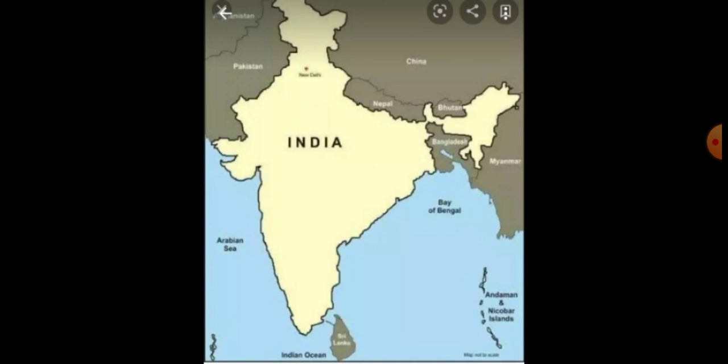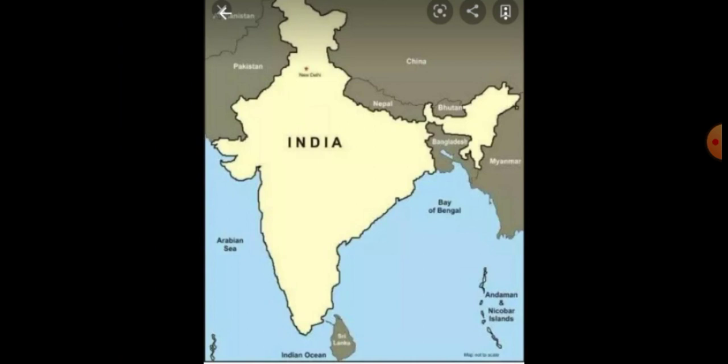Okay, then India and Sri Lanka are separated by the Palk Strait. India and Sri Lanka have the Palk Strait in the middle, and this Palk Strait separates India and Sri Lanka.